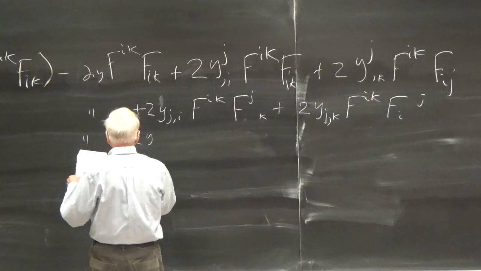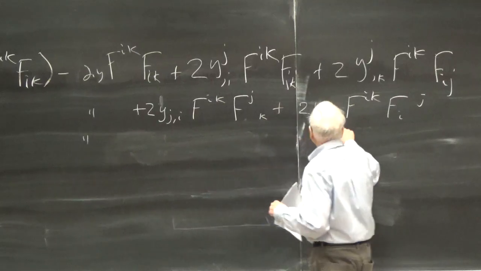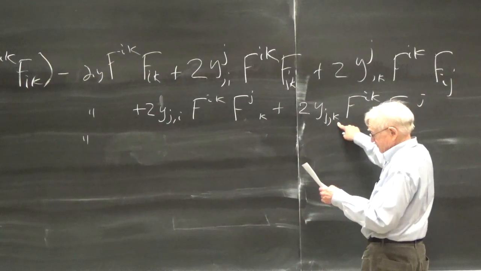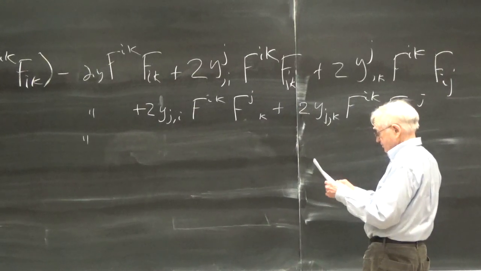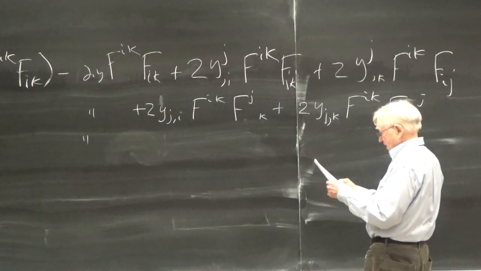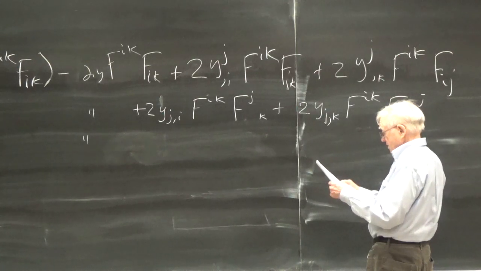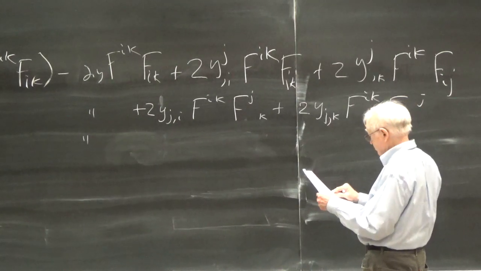Okay, so I don't need to do that. So now you can combine these two. And the way you combine these two is you interchange, I guess, i and k.